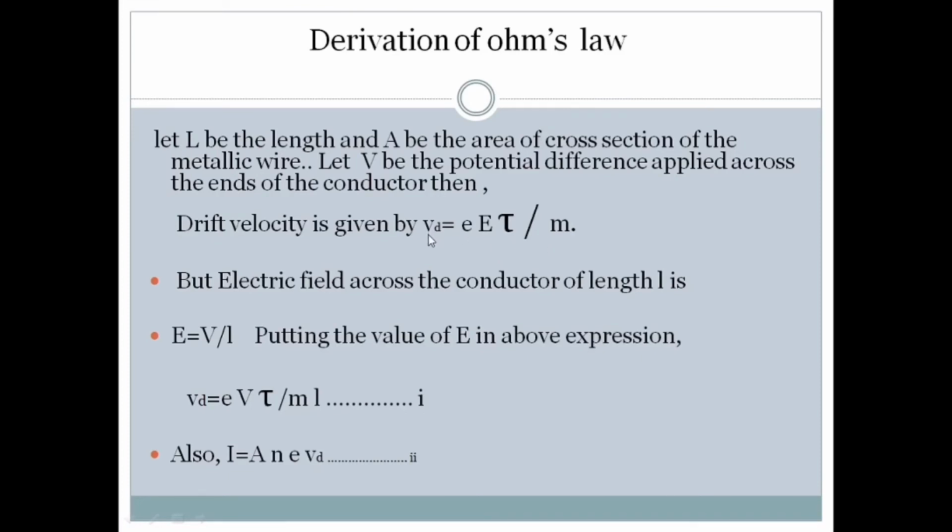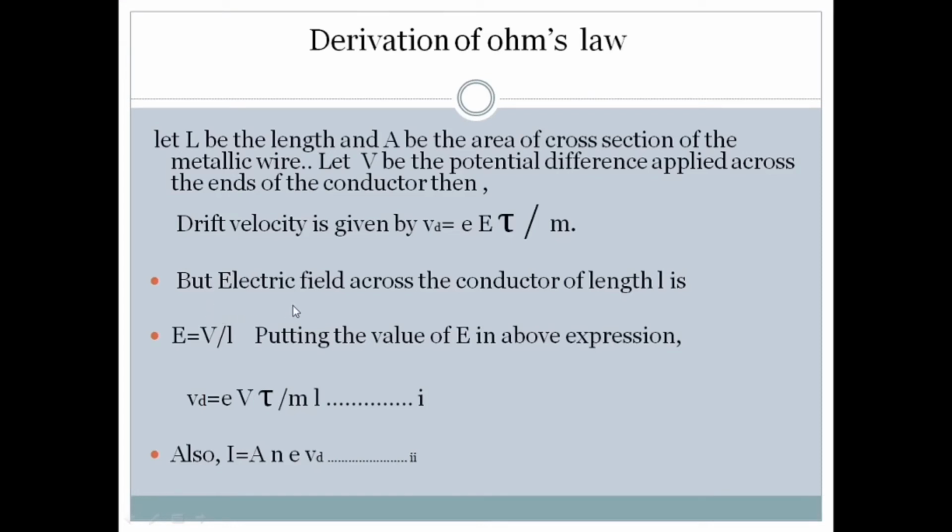It is Vd is equal to eEτ upon m, where e is the charge, E is the electric field, τ is the average relaxation time, and m is the mass.